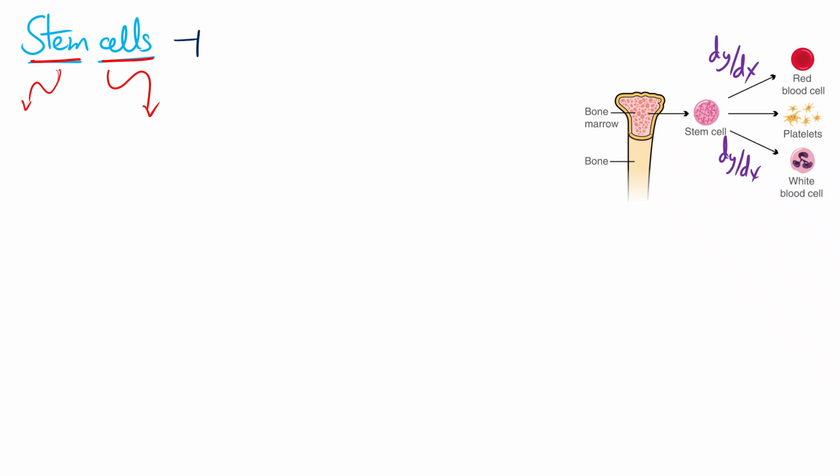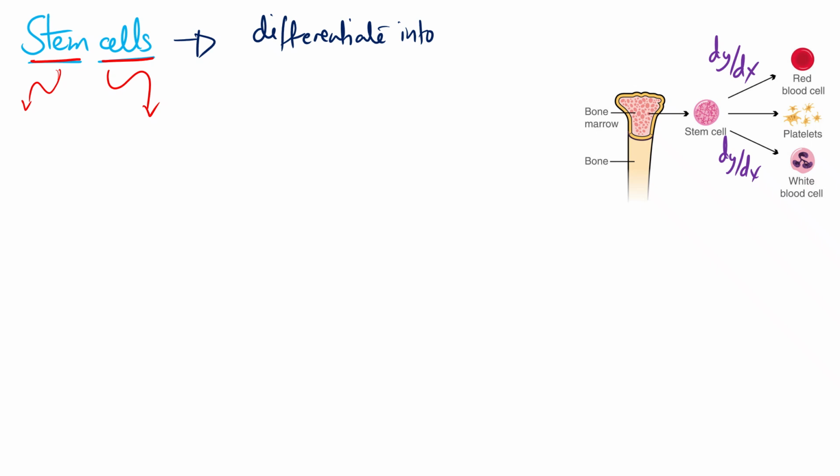But the point stands that stem cells differentiate into the cells that are shown here. The red blood cells, the platelets, the white blood cells. To begin with, the bone marrow stem cells can change and become red blood cells, platelets and white blood cells.